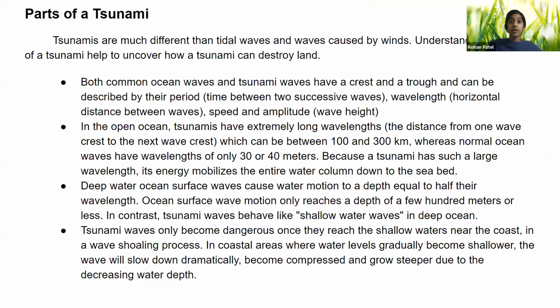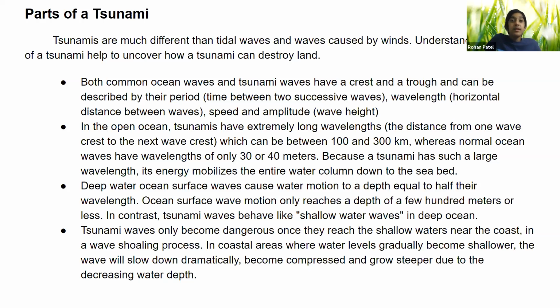In the open ocean, tsunamis have extremely long wavelengths, the distance from one wave crest to the next wave crest, which can be between 100 and 300 kilometers, whereas normal ocean waves have wavelengths of only 30 or 40 meters. Because a tsunami has such a large wavelength, its energy mobilizes the entire water column down to the seabed.